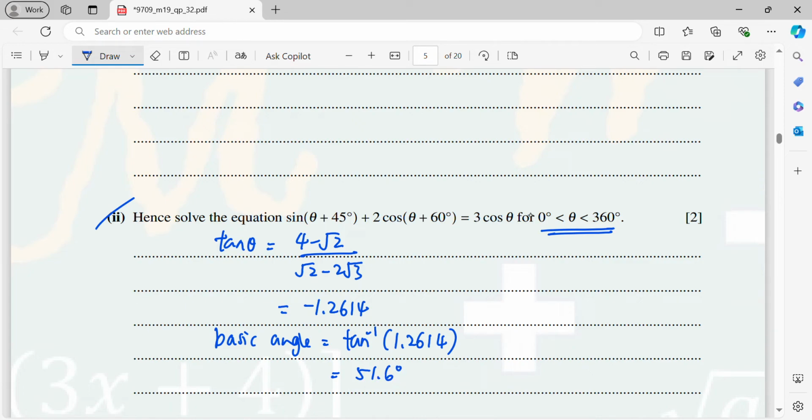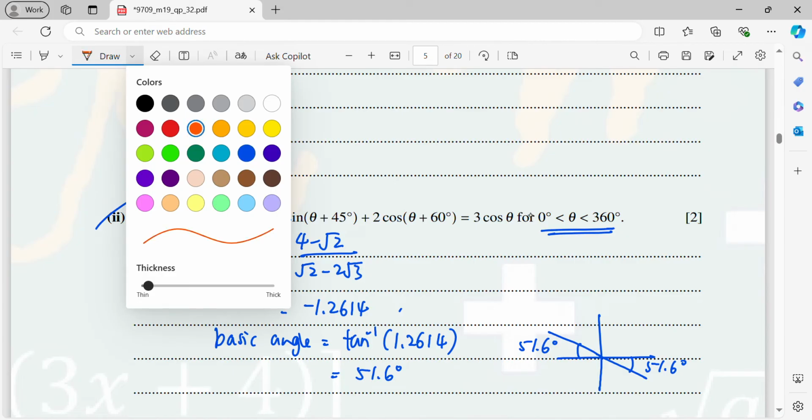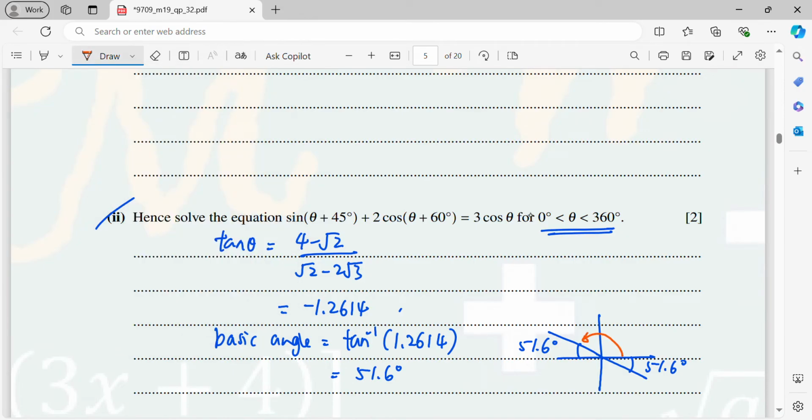Okay, now draw the quadrant diagram. Because it's tangent negative, right? Negative for tangent, the value, the angle will be in second and fourth quadrant. So label these two values as 51.6 degrees. Now my first angle, it will be in the second quadrant, and my second angle is in the fourth quadrant.